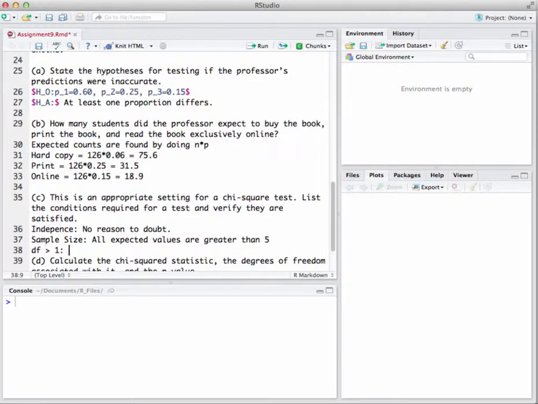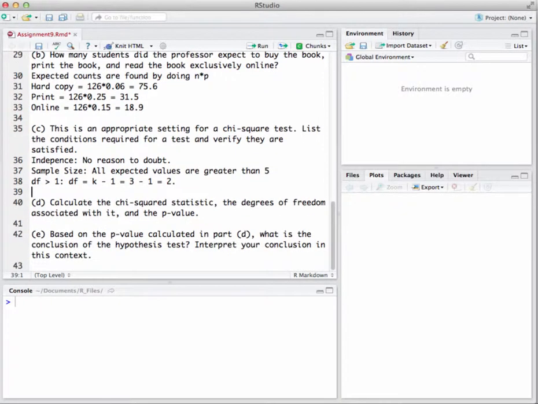And our degrees of freedom here are going to be k minus 1. So the df is equal to the number of categories minus 1, which in our case is going to be equal to 3 minus 1. We have the 3 categories, which is equal to 2, so check, that works, okay? All right, so we have verified our rules or our assumptions to use this test, and we can roll with it, okay?